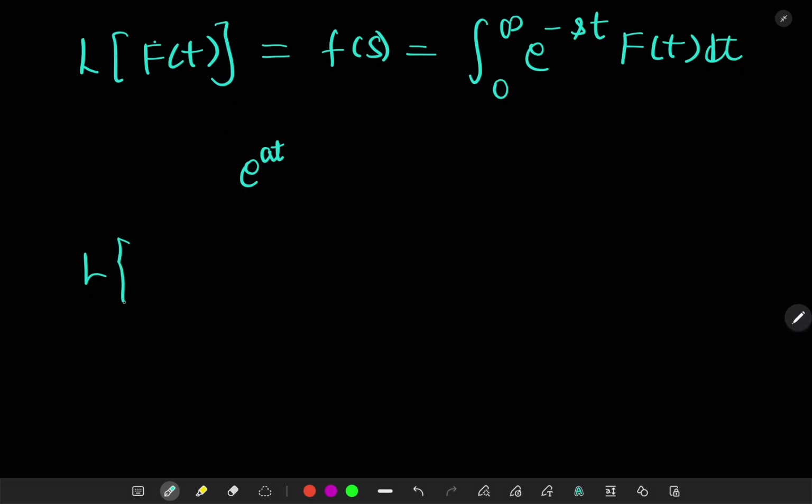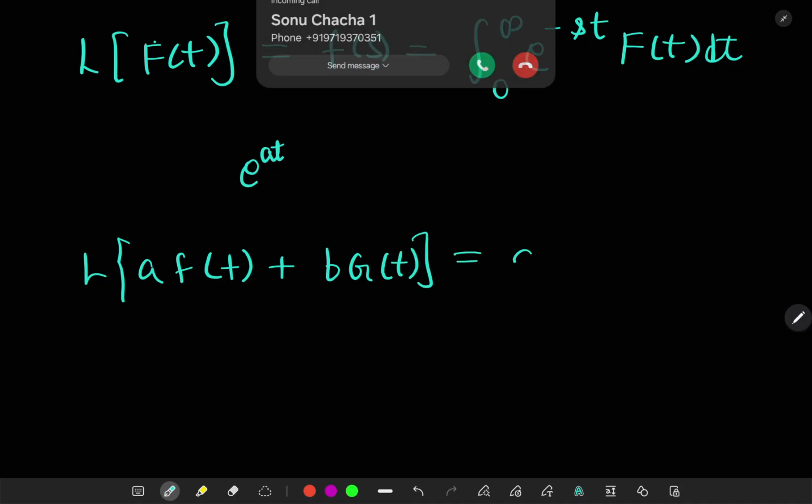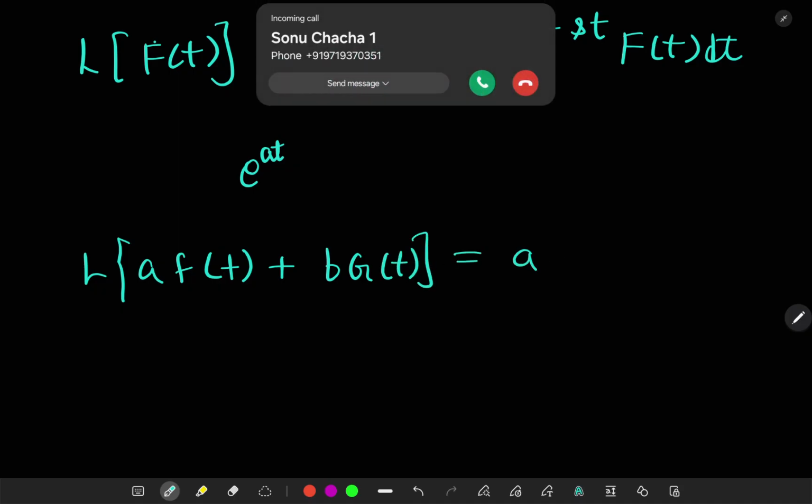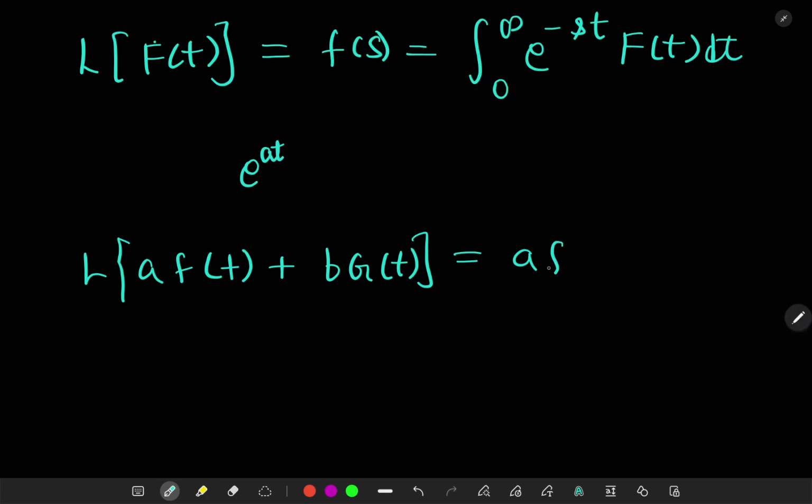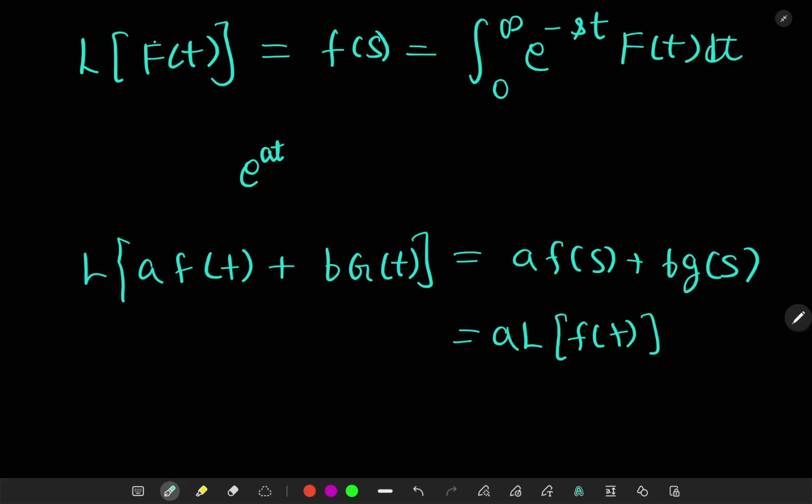Now, a property of the Laplace transform: the Laplace transform of a f(t) plus b g(t) is equal to a F(s) plus b G(s), which is a times the Laplace transform of f(t) plus b times the Laplace transform of g(t).